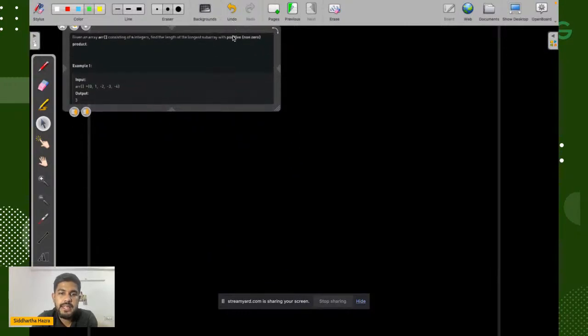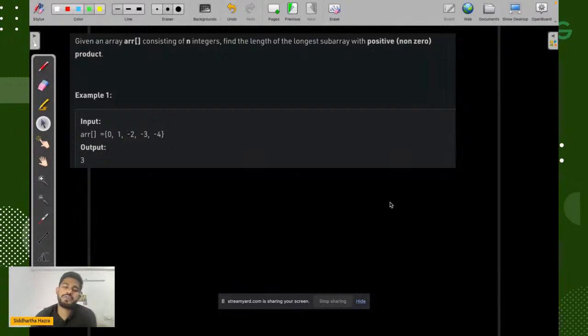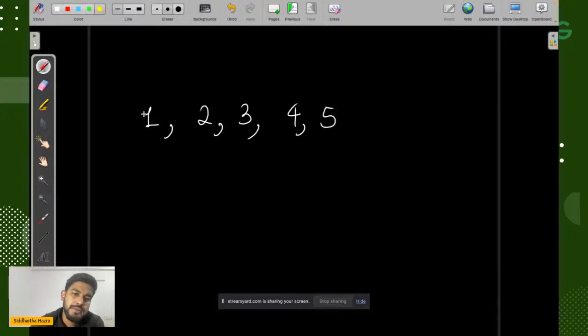So subarray is, let me just show you what this is all about. Suppose we have the given array as 1, 2, 3, 4, and 5. So let's suppose the subarray is 1, the subarray is 2, 3, the subarray is 4, 5, and the whole array is also a subarray.